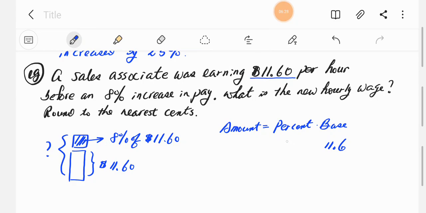What is 8%? 0.08, isn't it? 0.08. So multiply these two, then that's the total amount, right? Okay, so the new hourly wage is the amount, isn't it? So this is the amount.